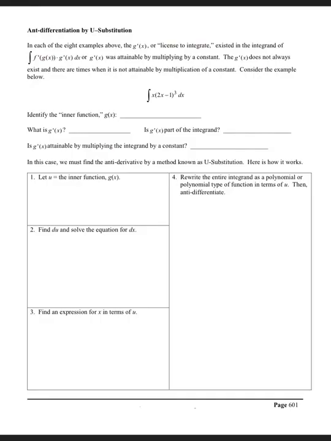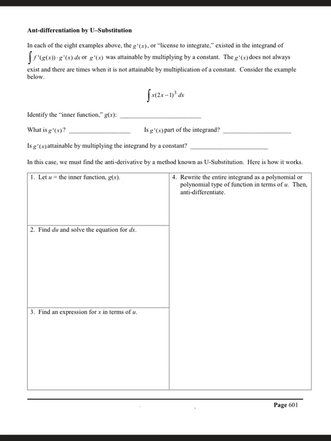Okay, so the second part of this video is what happens whenever we do not see the derivative inside the integral. So in each of the 8 examples above, the g prime, or the license to integrate, existed in the integrand of kind of the backwards chain rule, or g prime was attainable by multiplying by a constant.